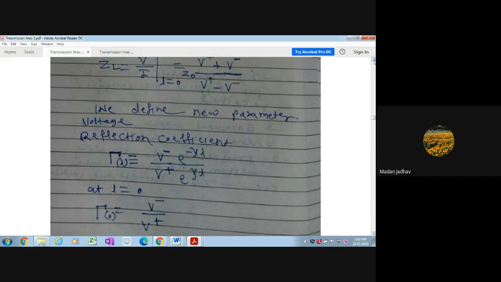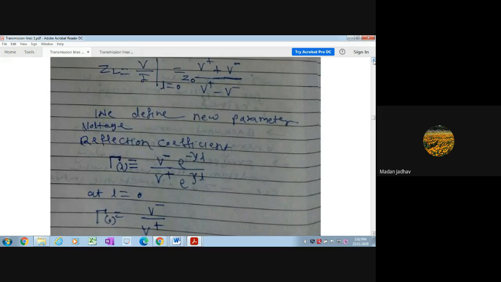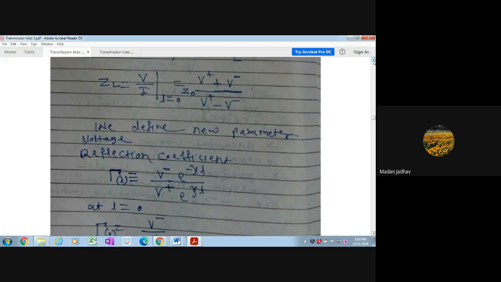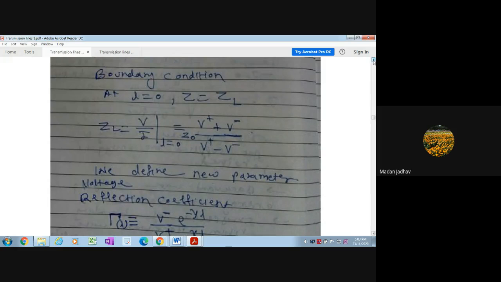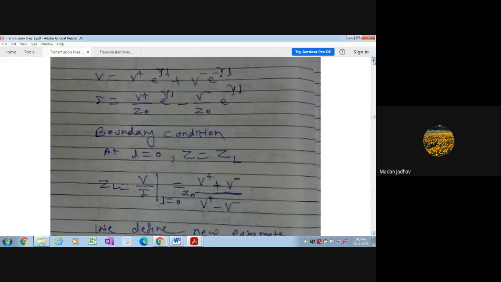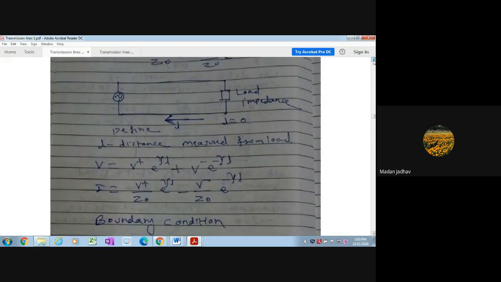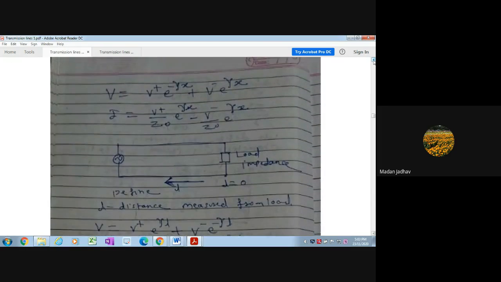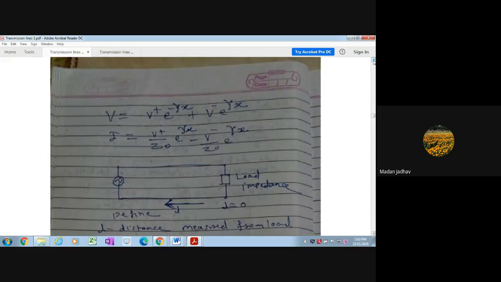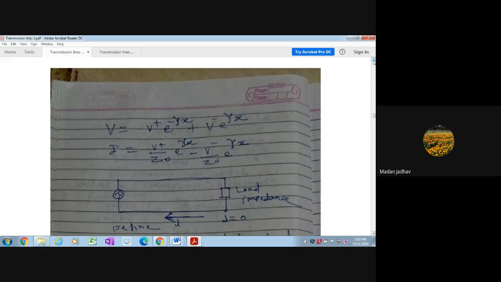Now the performance of the transmission line depends upon the type of the transmission line, its propagation constant, and the characteristic impedance of the transmission line, the load applied, and the type of the transmission line.